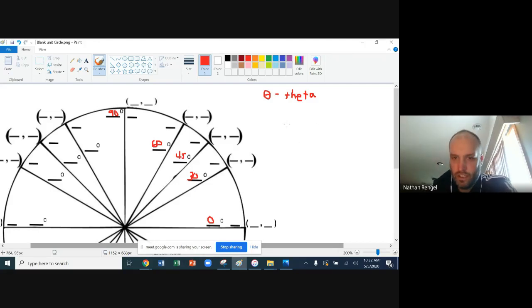So theta can be in two different modes, I guess. It could be in degrees, or it can be in radians. So degrees we're most familiar with. That's what we've been introduced to as we've come up through our math classes. But today we're going to look at radians.